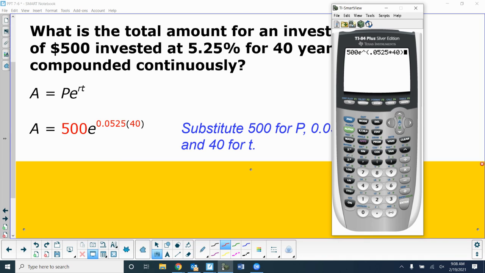The e is second ln, the button right under the log button. Natural log is when the log has a base of e. Then hit enter. So in 40 years, $500 is $4,083.08.